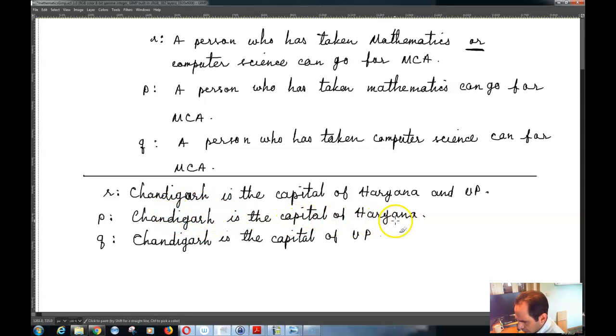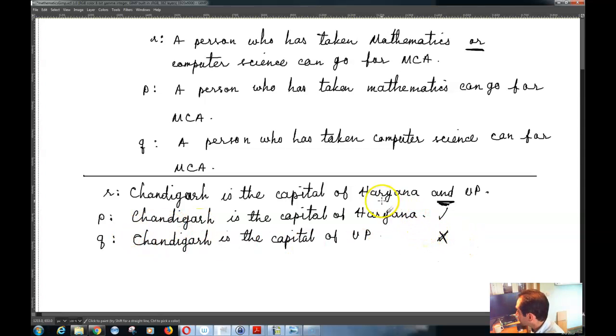So Chandigarh is the capital of Haryana, that is true, but Chandigarh is the capital of Uttar Pradesh, I'm sorry, this is not true.